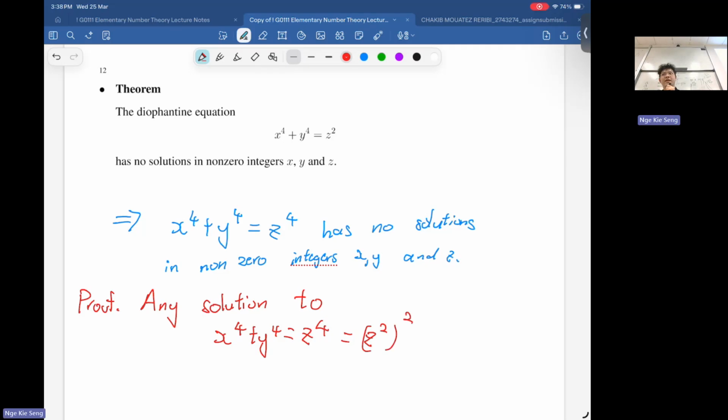Then it will be equal to some equation that you know there's no non-zero solution for. So there's a contradiction. Any solution to this form will be a solution to that form.